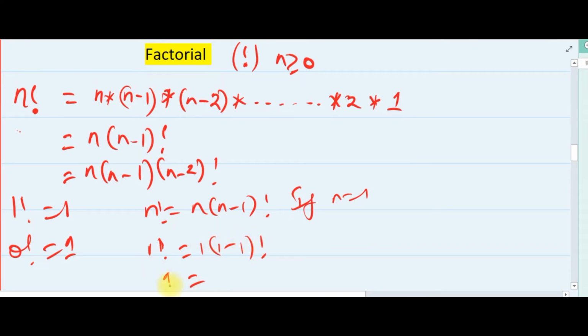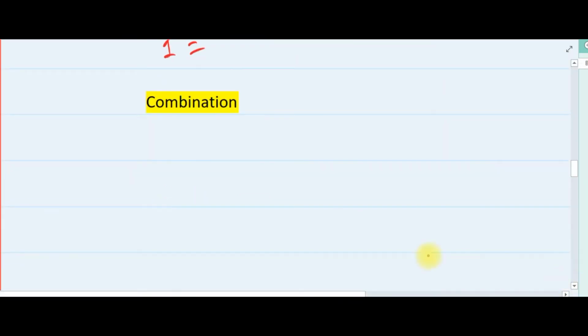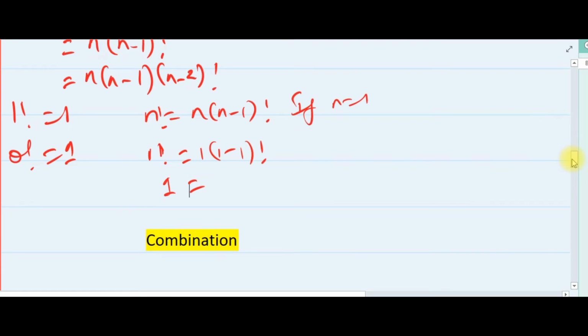So 1 factorial we know is 1, and 1 minus 1 is 0. So 1 times 0 factorial. So that's it. The next thing is to revise combination.